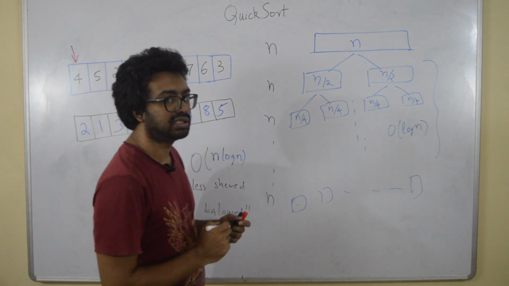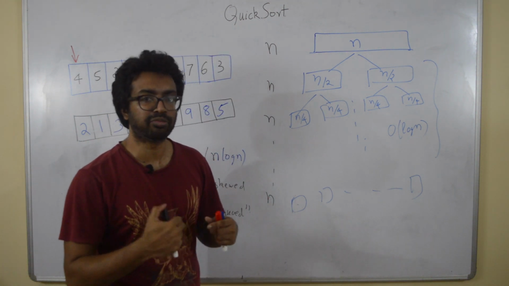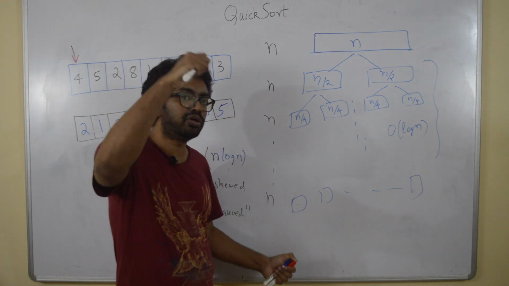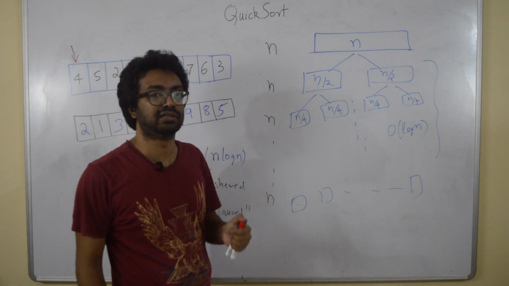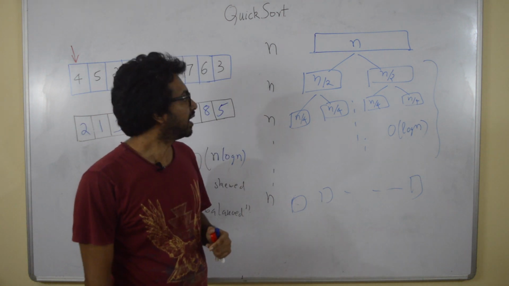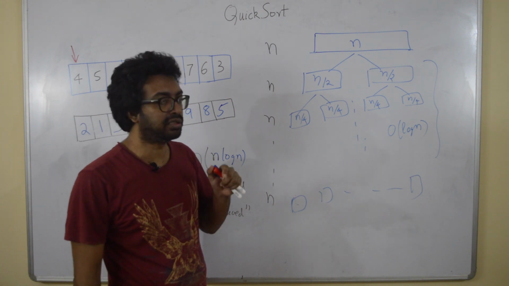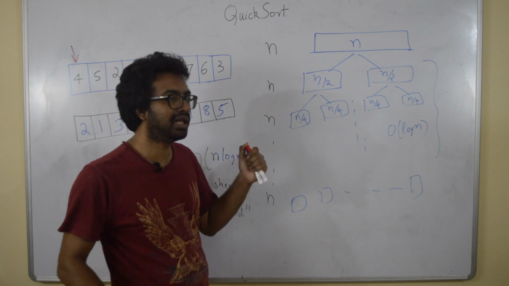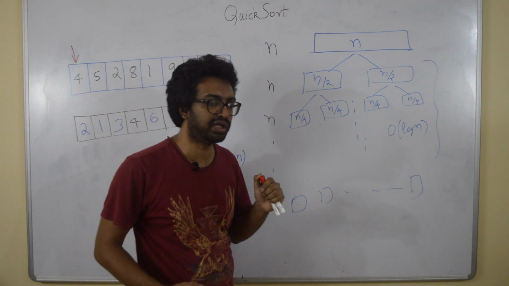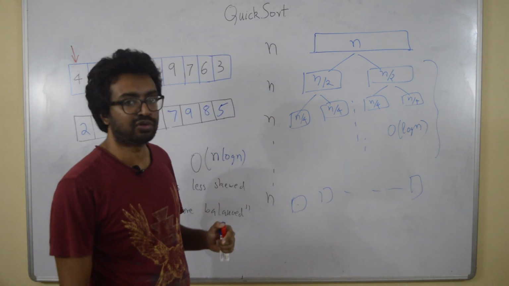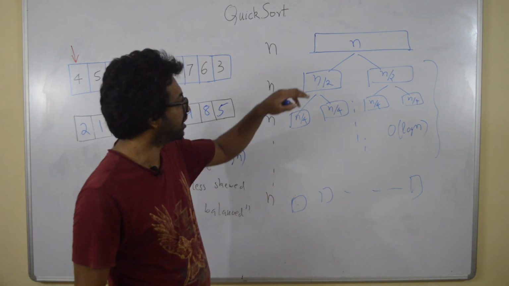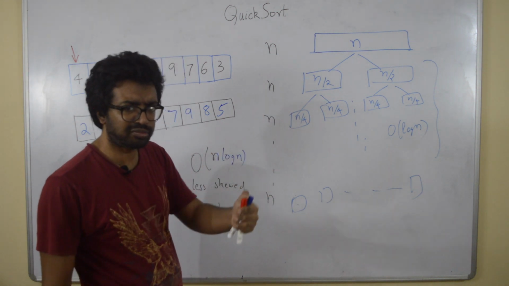One can prove this mathematically: the tree can't get too much unbalanced. An unbalanced tree happens with a very, very low probability, and therefore for most inputs, you're going to get a balanced or almost balanced tree.